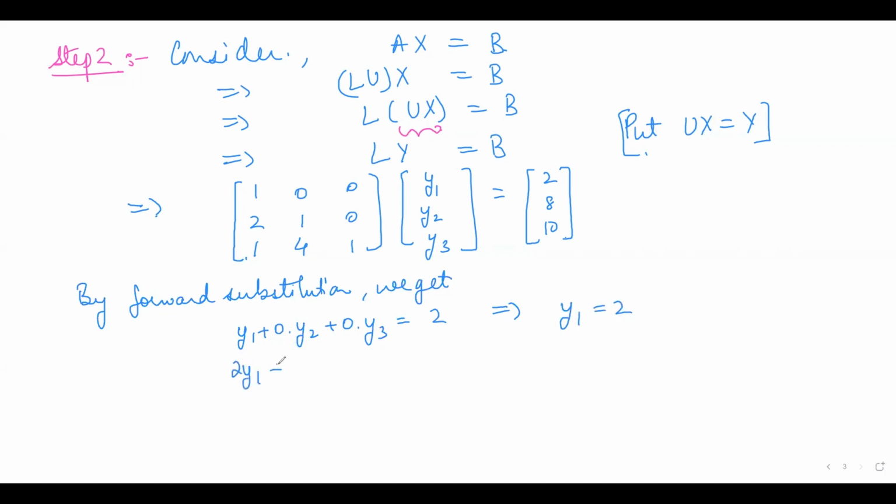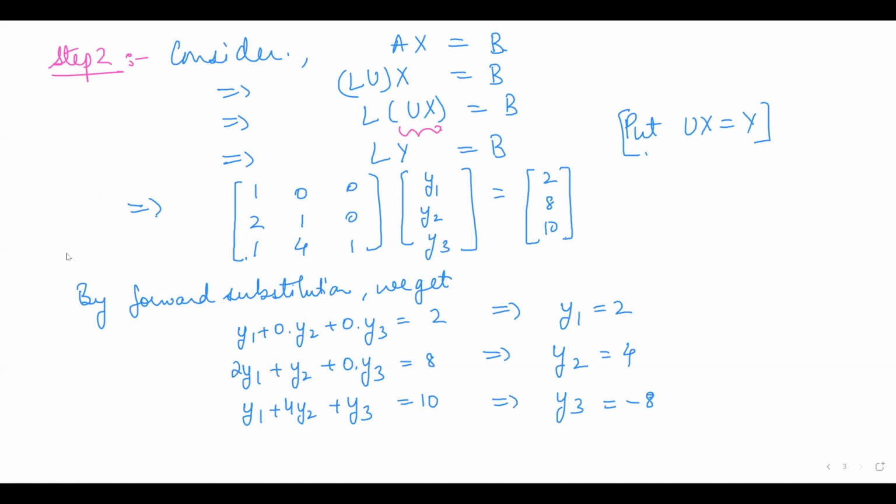Twice of y1 plus y2 plus 0 y3 is equal to 8, so y2 is 8 minus 4, that is 4. Then y1 plus 4y2 plus y3 is equal to 10, so this becomes 2 plus 16, that is 18. So 10 minus 18 is minus 8. So these are my values.